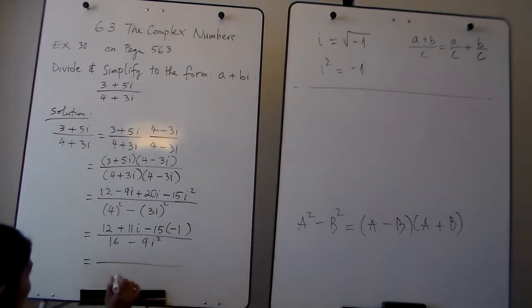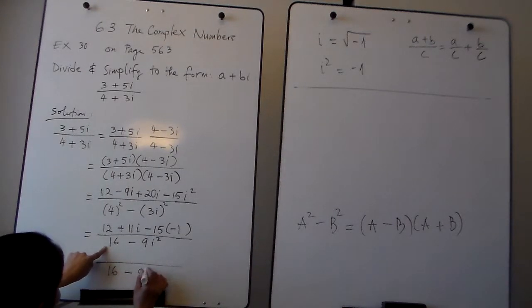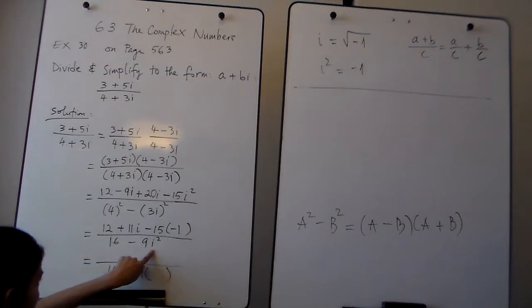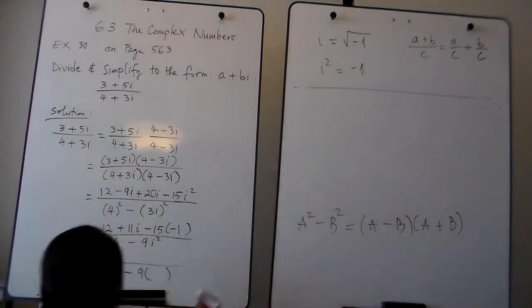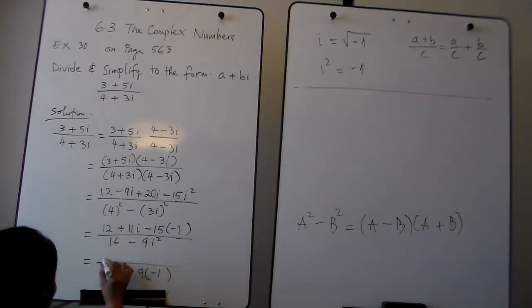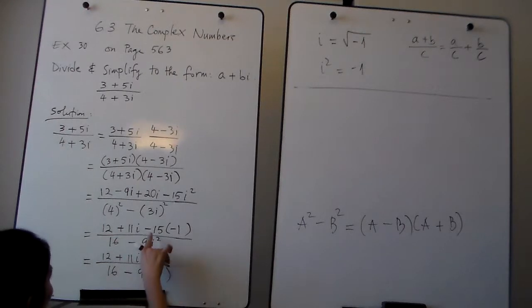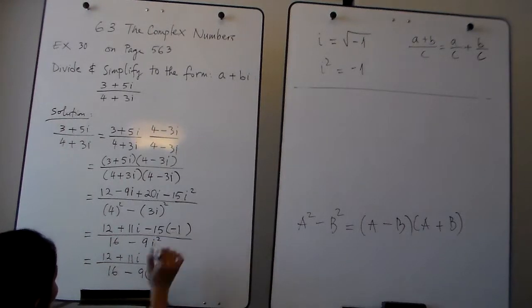Simplify further. For the denominator, 16 stays, negative 9 times i squared, and you know i squared is negative 1, so replace i squared with negative 1. For the numerator, 12 plus 11i, negative 15 times negative 1 is positive 15.